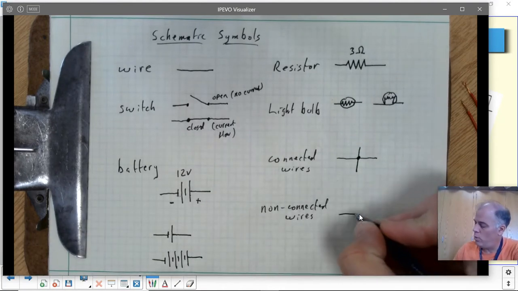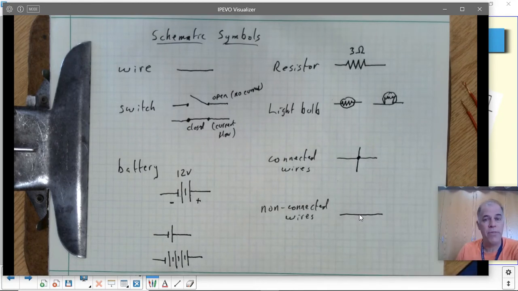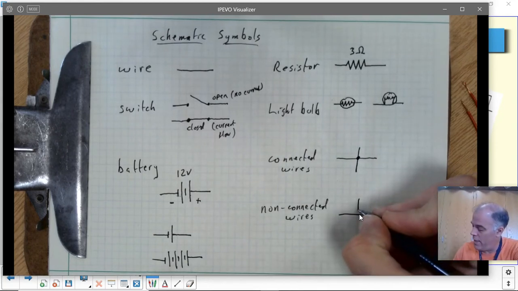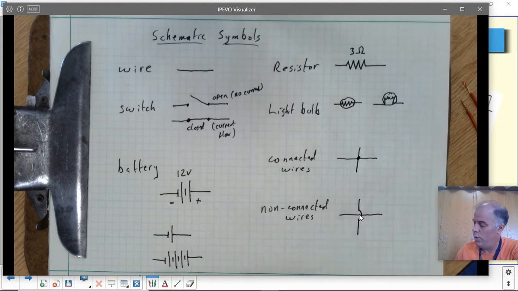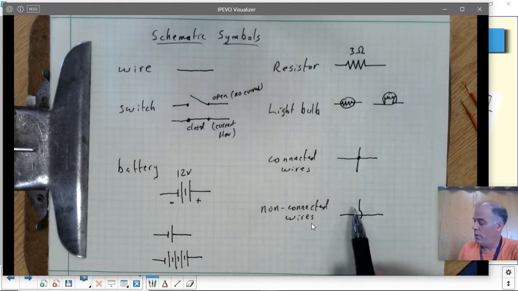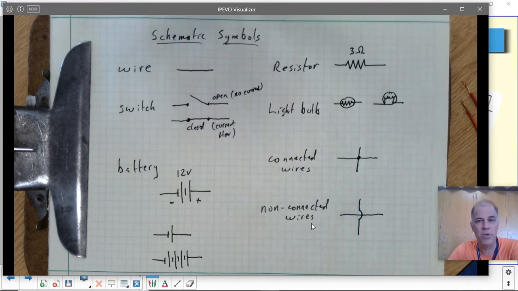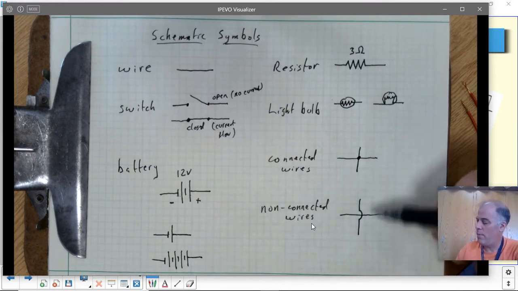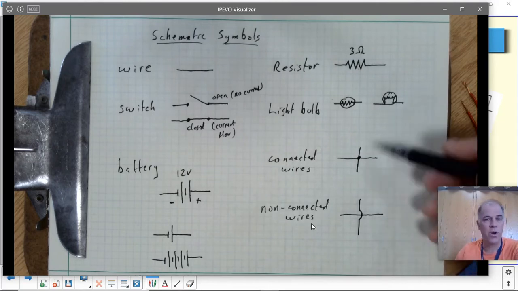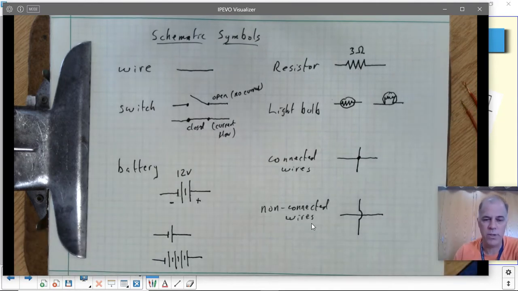Now, if we want to draw wires that are crossing but not actually connected, then we'll put a little U in like that, let me move the arrow, so that you can see that the wire is passing over it and there's no electrical connection between those two. Again, these don't come up very often in the diagrams that we're going to be using, but they're so common that we may as well use them.